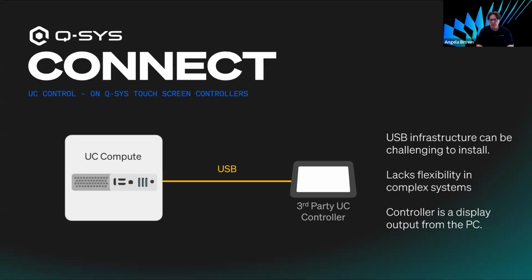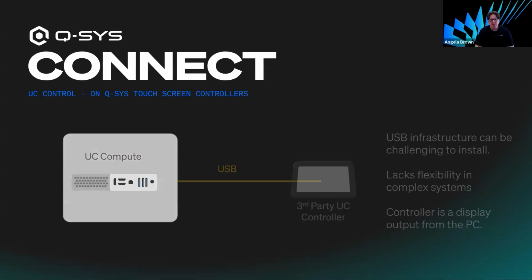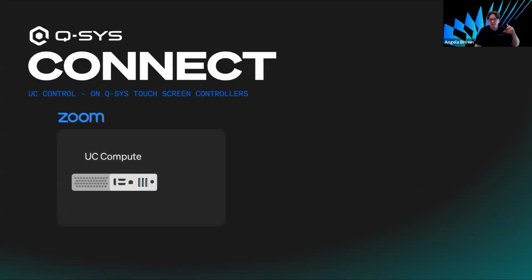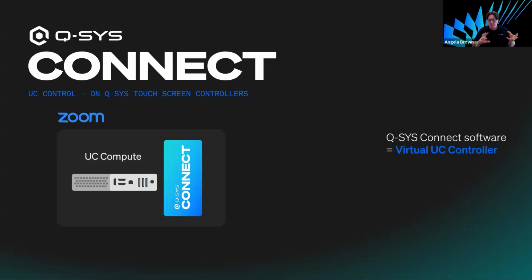So this is where we introduce Q-SYS Connect, where when you add Q-SYS Connect on board, whatever the compute is, you actually turn that whole interface of having that room controller upside down. We basically flip the script a little bit. So you see the Q-SYS Connect software becomes the virtual touch panel that sends and receives information from the UC compute.